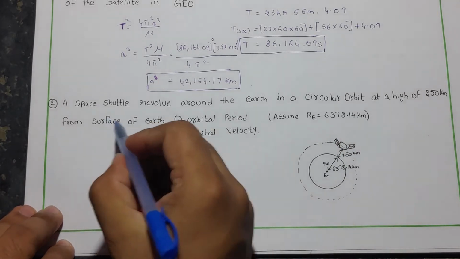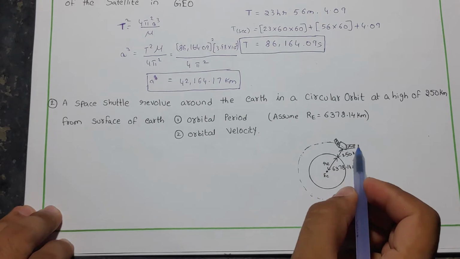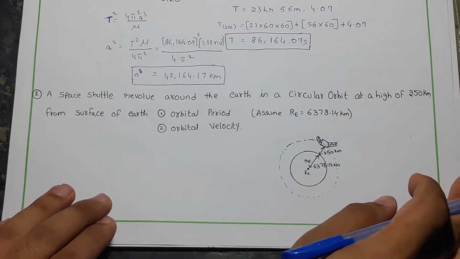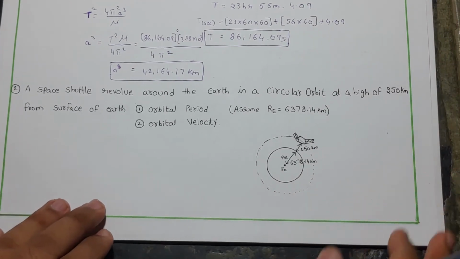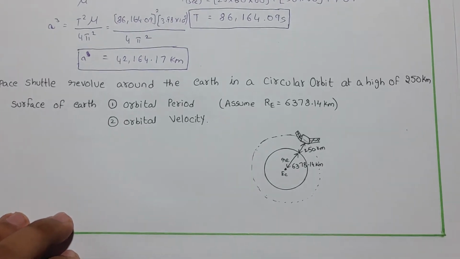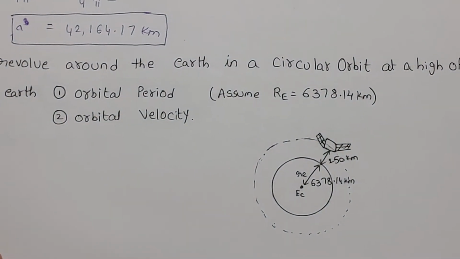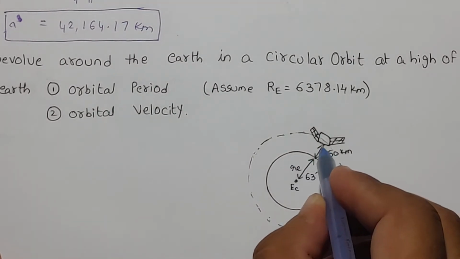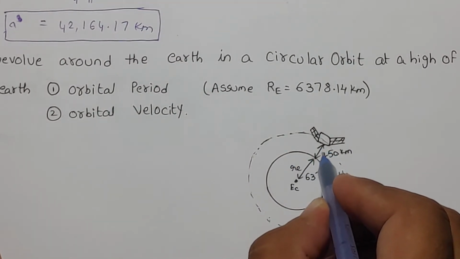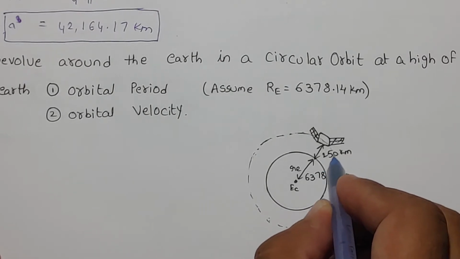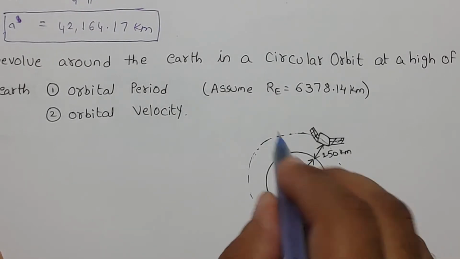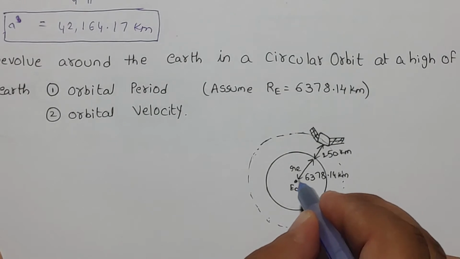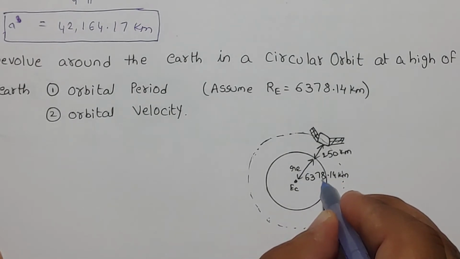I recommend drawing a diagram before you solve any question related to satellite communication, because by this pictorial representation you will be very clear about the question. Here there is a satellite revolving around the earth at 250 kilometers from the surface, and we assume the radius of the earth is 6,378.14.